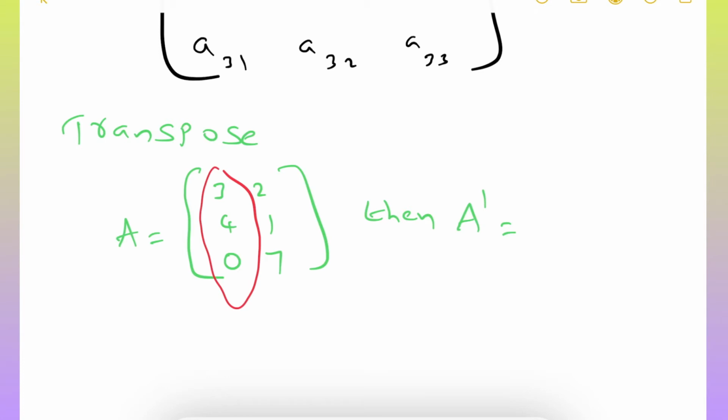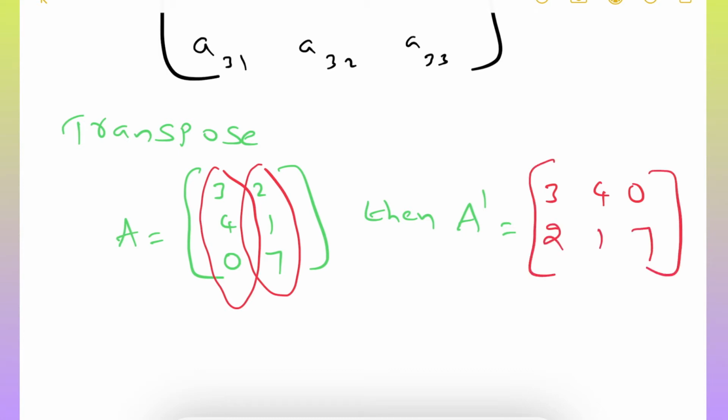Write it as a row: 3, 4, 0. This is the second column, 2, 1, 7. Write that again as a row: 2, 1, 7. Then this is the transpose of a matrix. Simply, the matrix obtained by interchanging the rows and columns of the original matrix. Here we have the original matrix A, then the transpose of A is A dash or A power T. Both are the same representation.